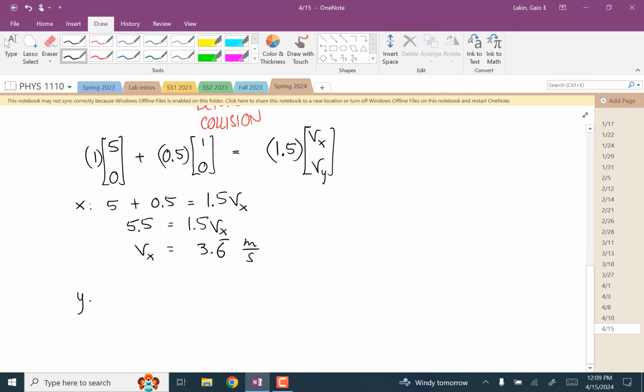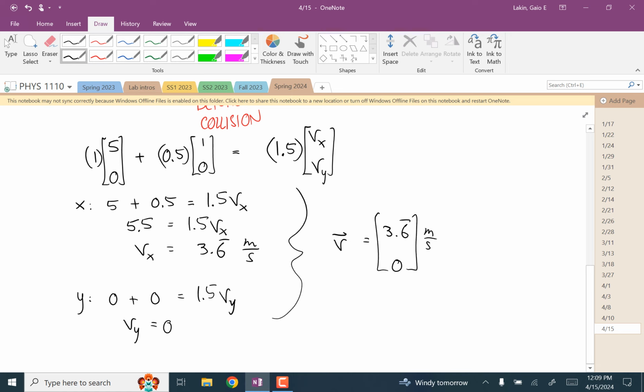The y equation says 0 plus 0 is equal to 1.5 Vy. So Vy is 0. And altogether, this says that after the collision, the velocity is (3.6, 0). Or in other words, its velocity is in that direction with a magnitude of 3.6. Okay? Any questions about that?